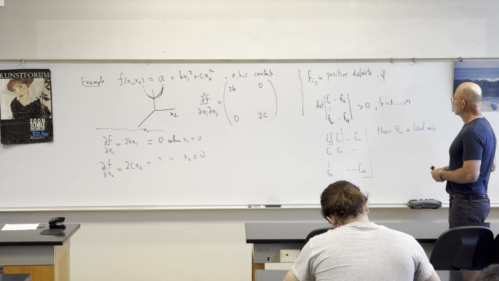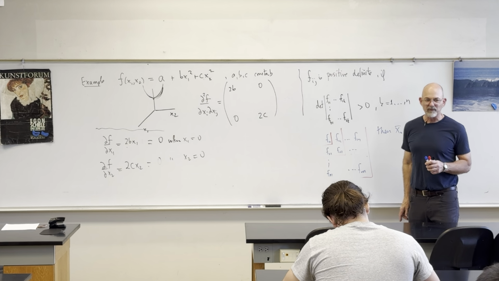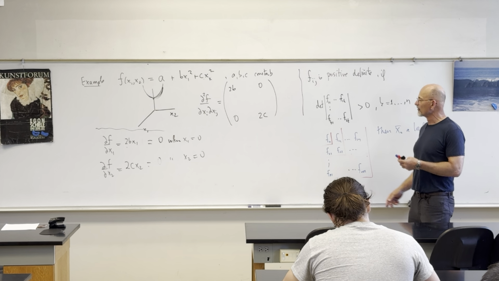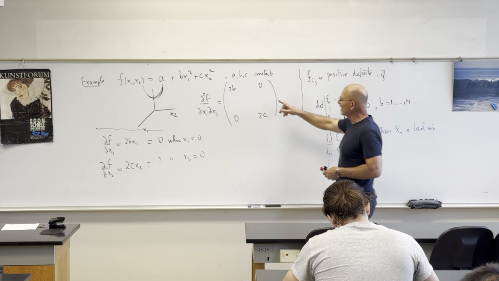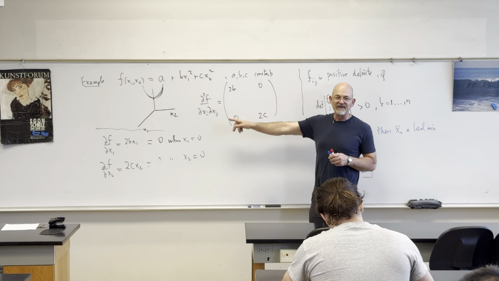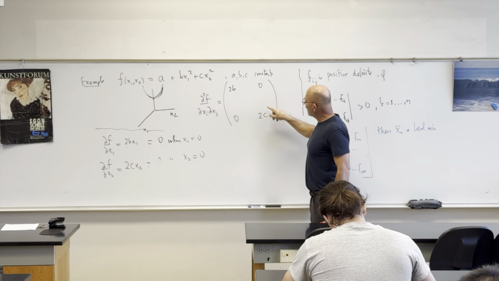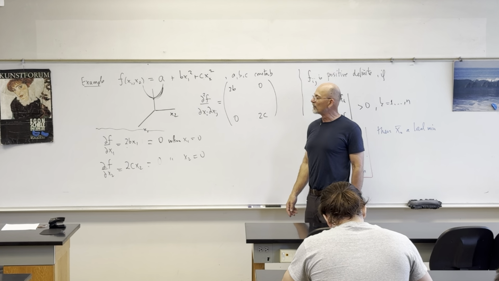Like I said before, in physics applications, we're often doing a construction where we already know it's positive definite. But in this case, we've left it up in the air. So what about this matrix here? It depends on the values of b and c. If b and c are both positive, then those two determinants are both positive.